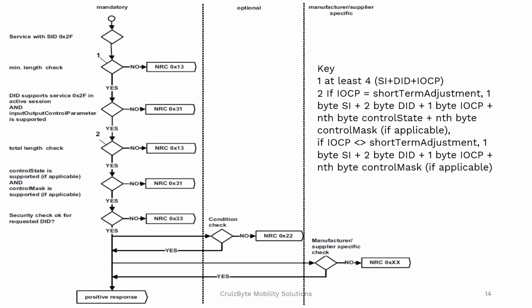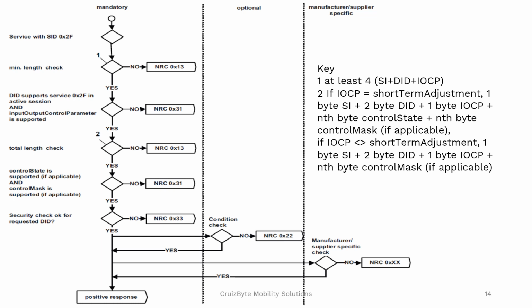That means you should have one service identifier, one data identifier, and one input output control parameter. That means the service identifier is 2F, the DID could be 0x00 or something like that, and the input output control parameter is something like short-term adjustment.